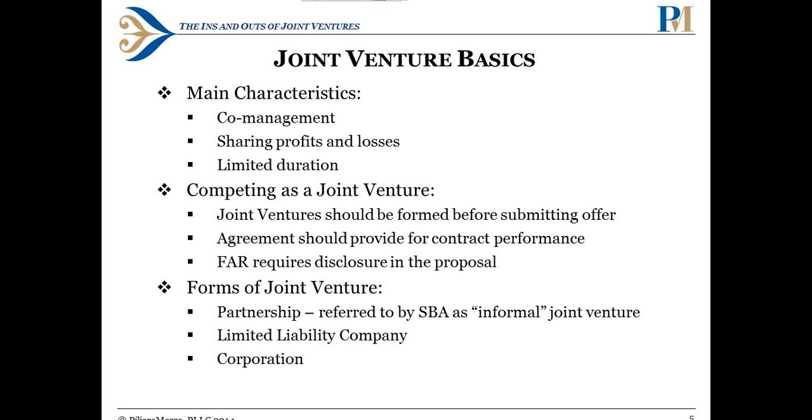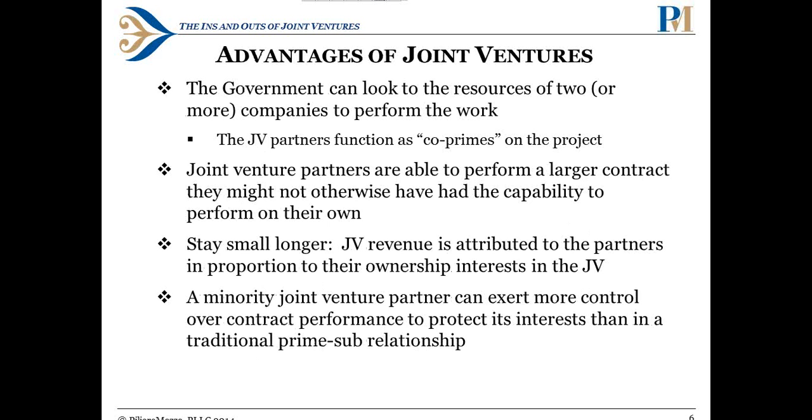So they speak specifically to offerors that are submitting as a joint venture and what's required of them. So you need to be watching out for these provisions when you're pursuing an opportunity through a joint venture. And there's 3 different types of legal forms that the joint venture could take: a partnership, which is referred to by the SBA as an informal joint venture, an LLC, and a corporation. And we'll drill down onto all those forms as we move along.